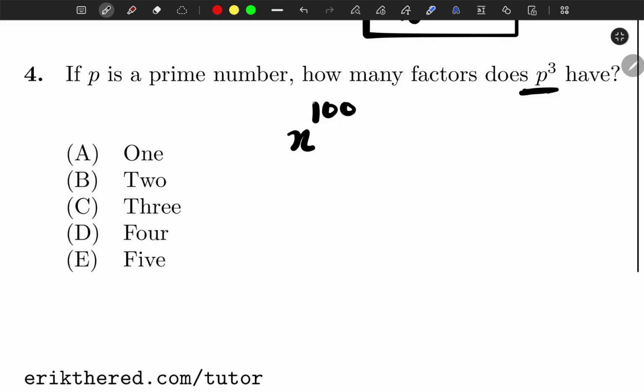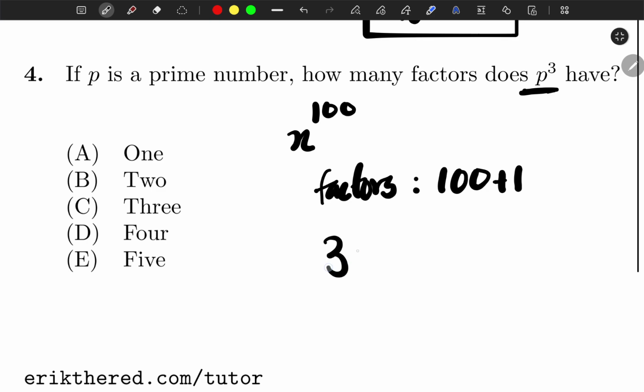So to find the number of factors, all you do is 100 plus 1, right? Taking that into account, we can see that p is raised to the third power, so we'll just do 3 plus 1, which is going to give us 4 factors. Answer should be D.